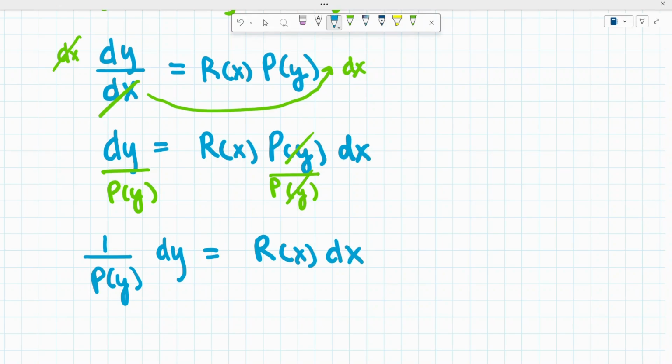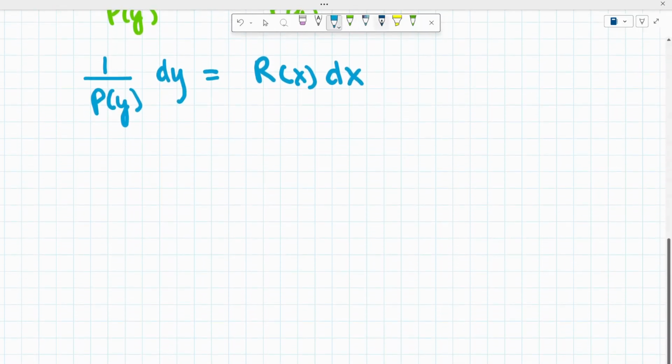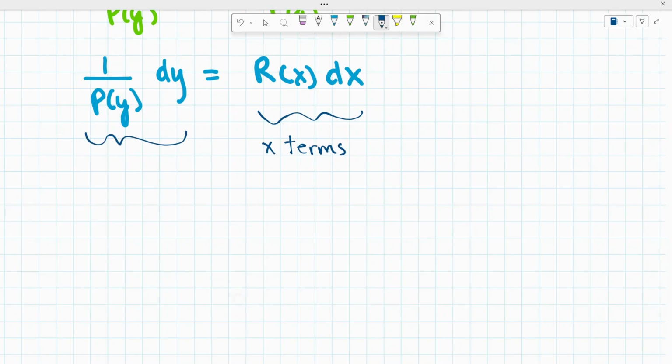And have we done it? Yes, we have. We've separated our x and y terms such that on our right-hand side of the equation, we only have our x terms, and on our left-hand side, we only have our y terms.